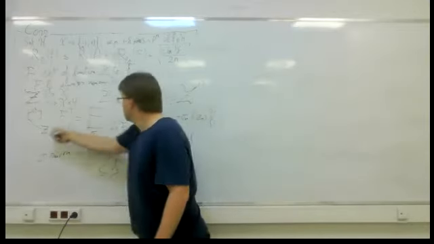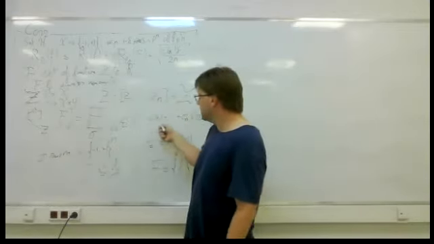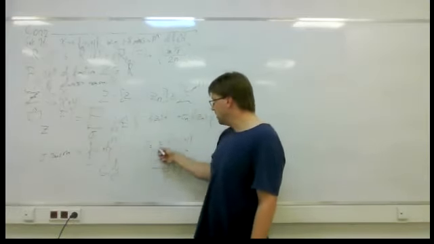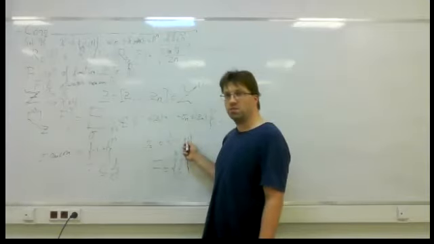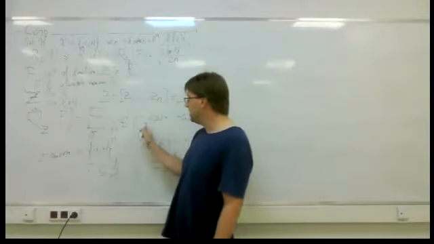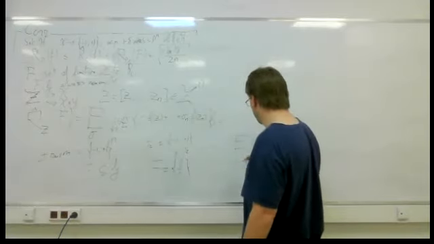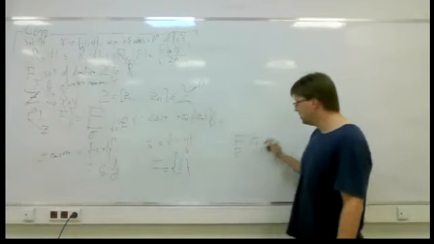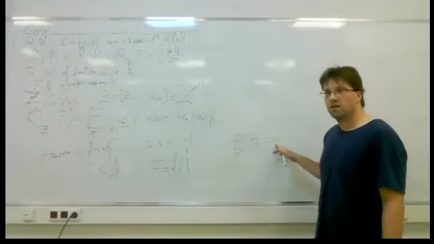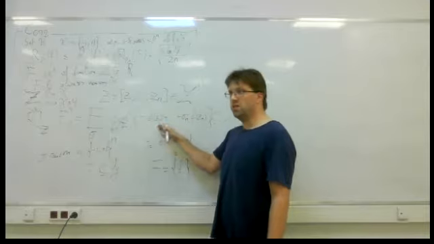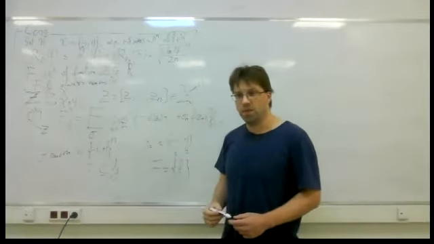Z is just a list that's fixed, f of z is fixed, and we take the expectation over sigma_1. Sigma_1 is -1 and +1 with equal probability, so the expectation over this random variable is equal to 0. So the first term will be equal to 0, and for the same reason, all other terms are also 0.